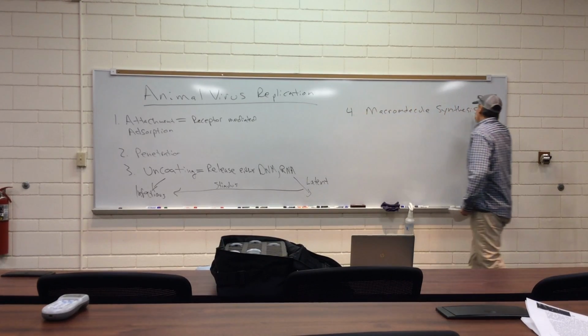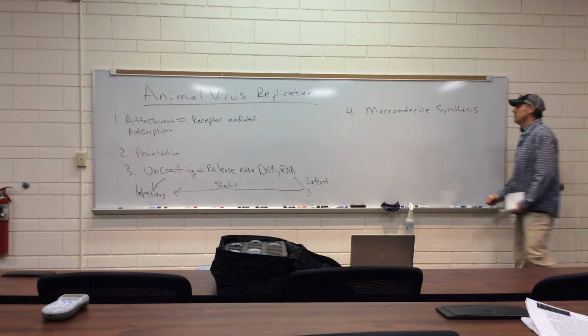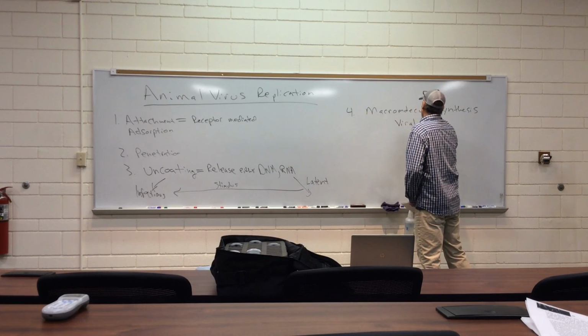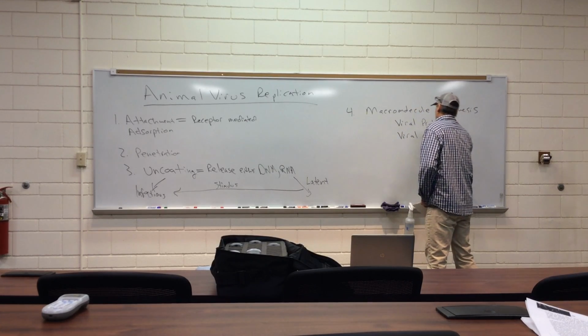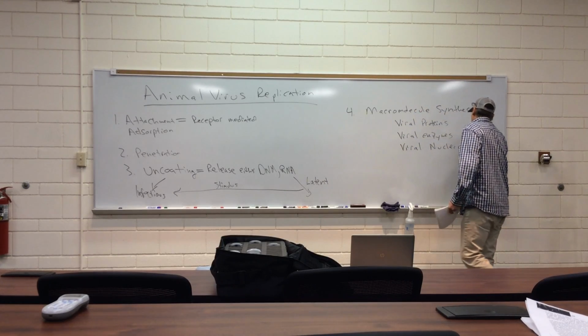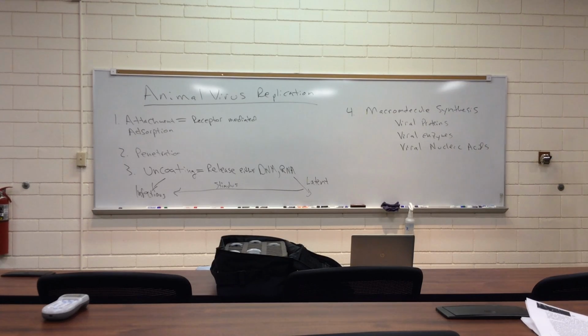That is making all of those goody molecules necessary to make more viruses. They co-opt the host machinery and basically have the host make all its macromolecules: viral proteins, viral enzymes, viral nucleic acids.